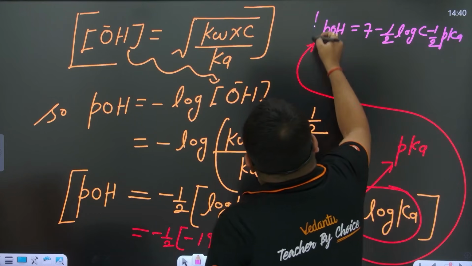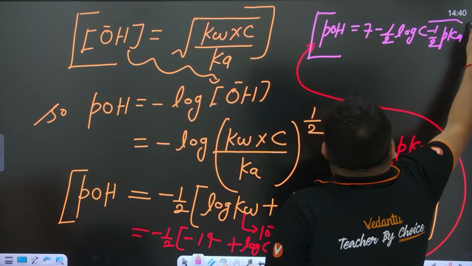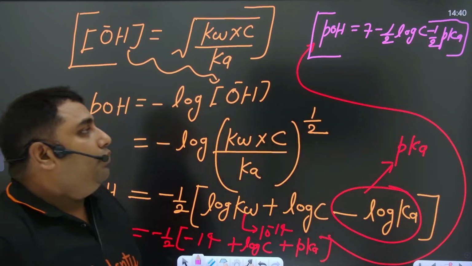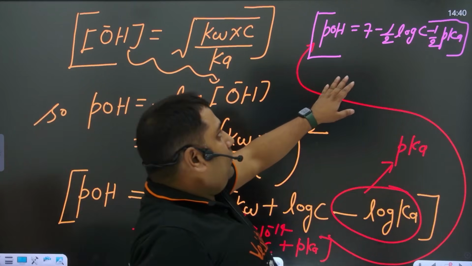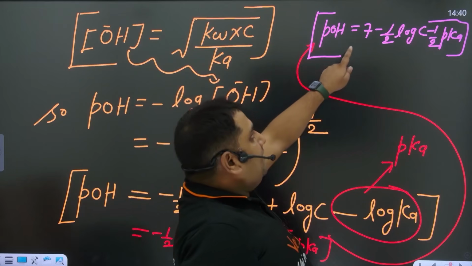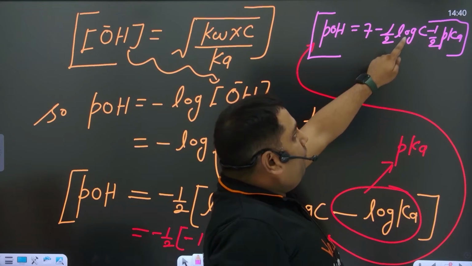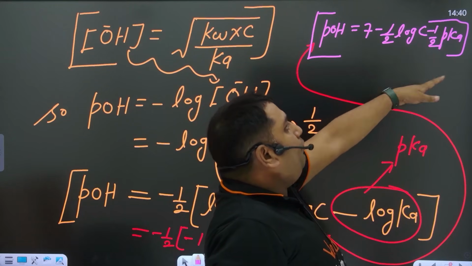So ultimately you get the relation pOH is equal to plus 7, not minus 7, plus 7 minus 1 by 2 log C minus 1 by 2 pKa.